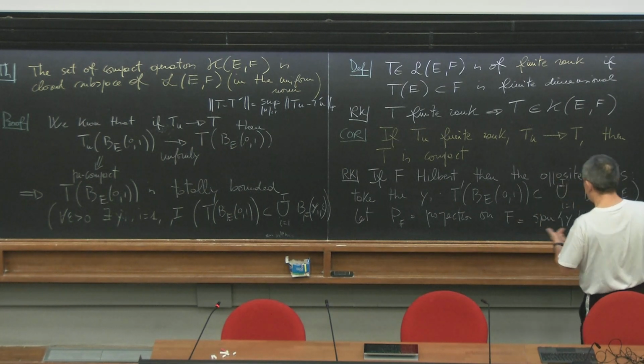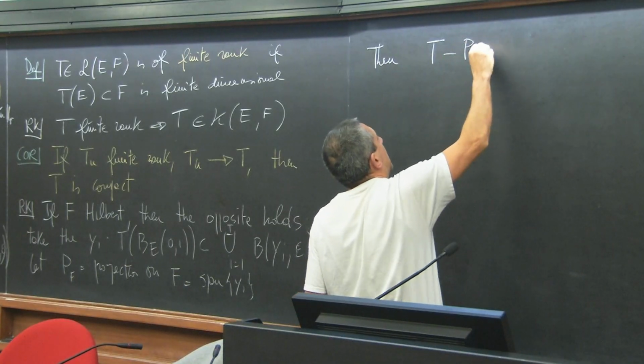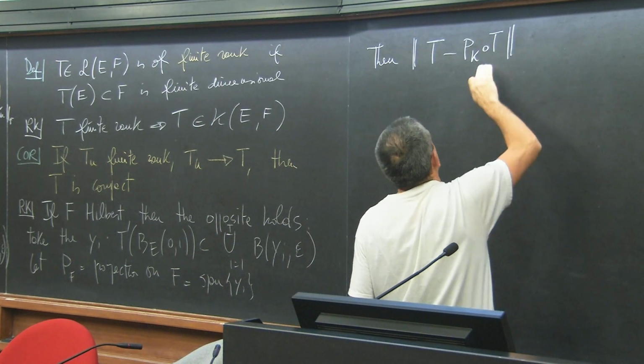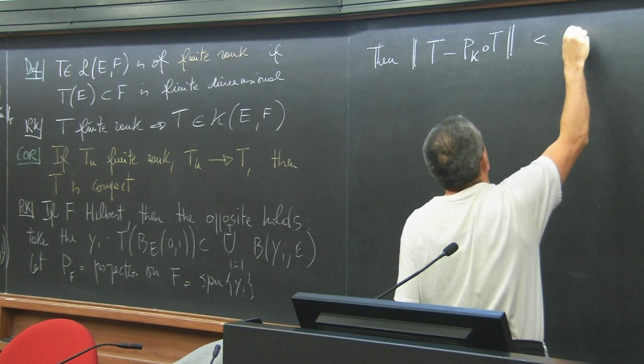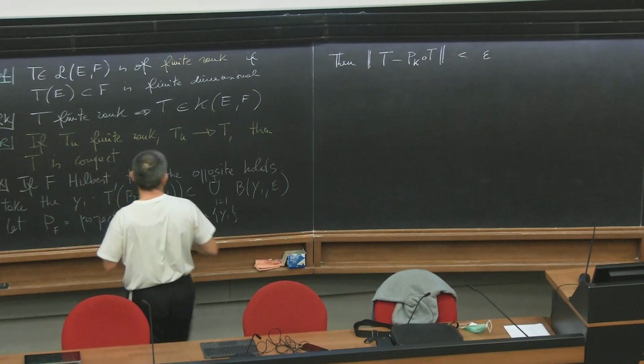And now I say the uniform norm of T minus P T is less than epsilon, or rather 2 epsilon.